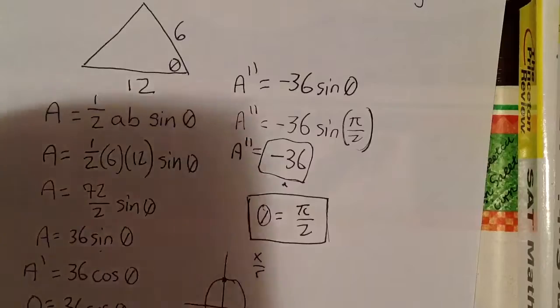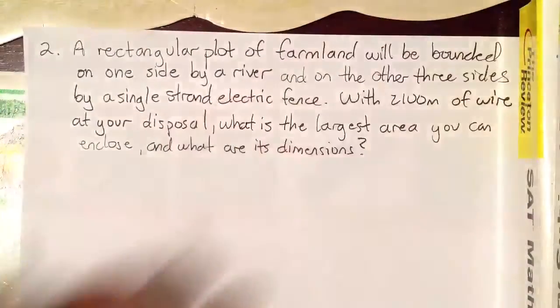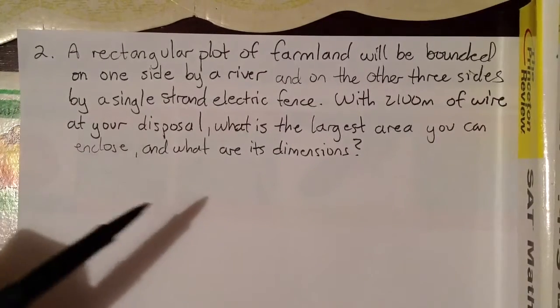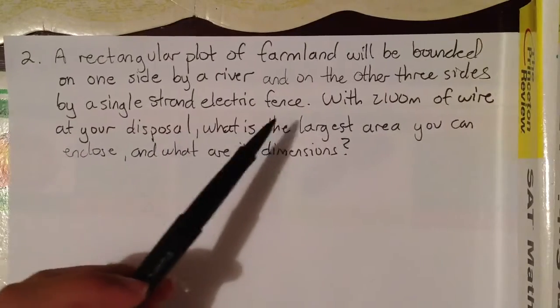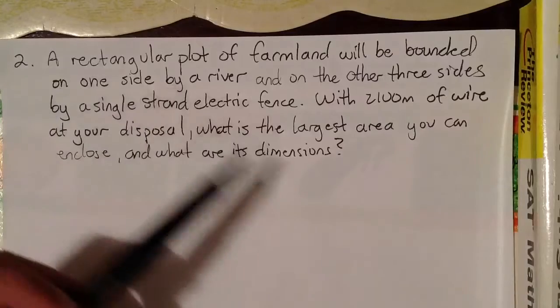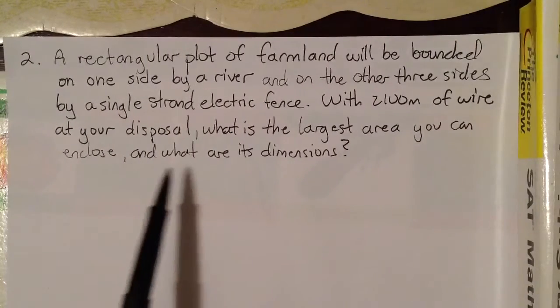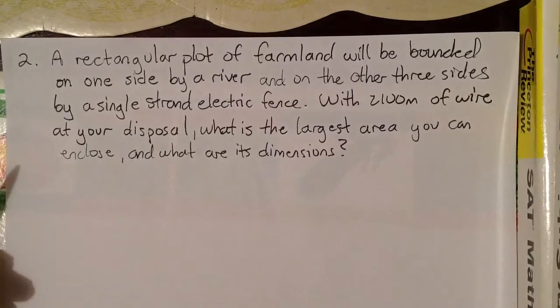Okay, moving on. We have another problem. So basically, a rectangular plot of farmland will be bounded on one side by a river and on the other 3 sides by a single strand of fence with 2100 meters of wire at your disposal. What is the largest area you can enclose, and what are the dimensions?